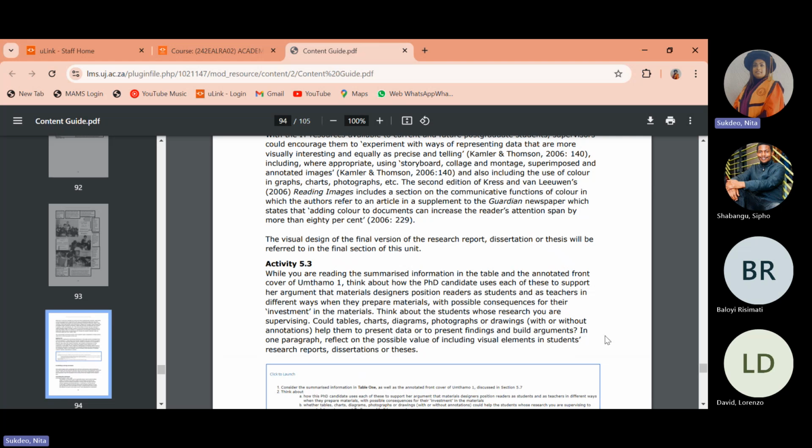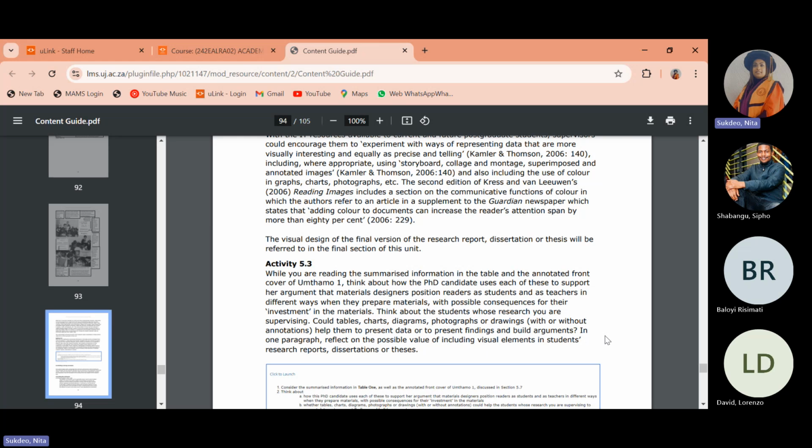Think about how the PhD candidate, from Mtumo, uses each of these to support their argument on material designers' positions as students and as teachers in different ways when they prepare material, with possible consequences for their investment in the material.